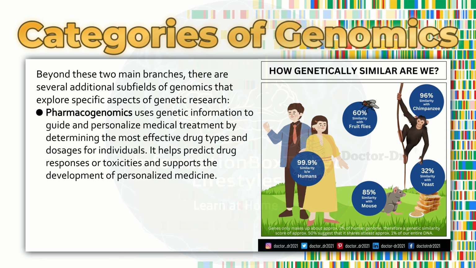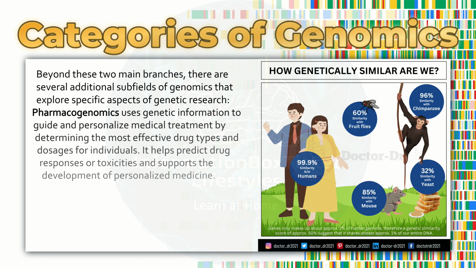Pharmacogenomics uses genetic information to guide and personalize medical treatment by determining the most effective drug types and dosages for individuals. It helps predict drug responses or toxicities and supports the development of personalized medicine.